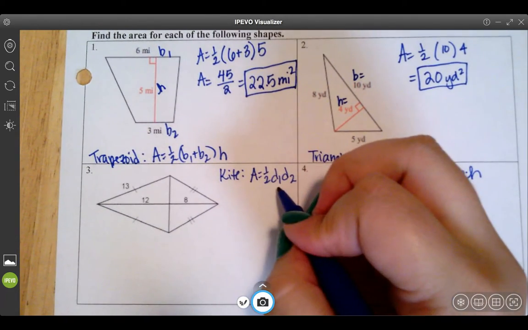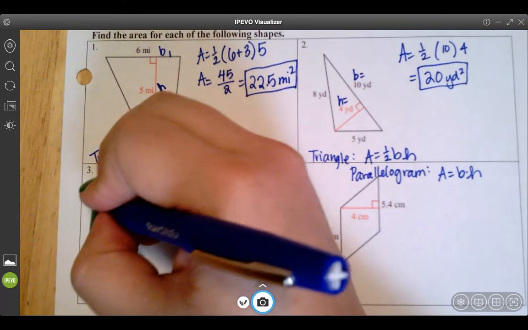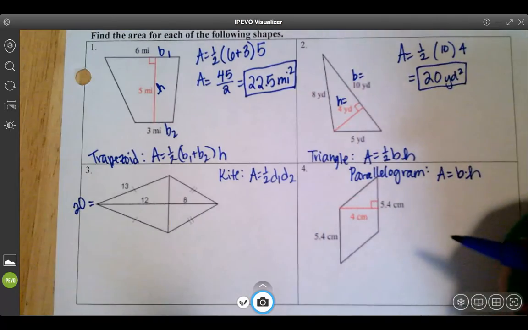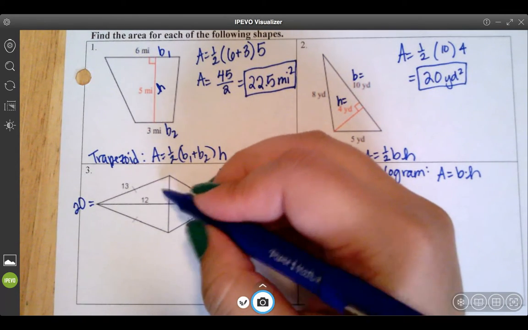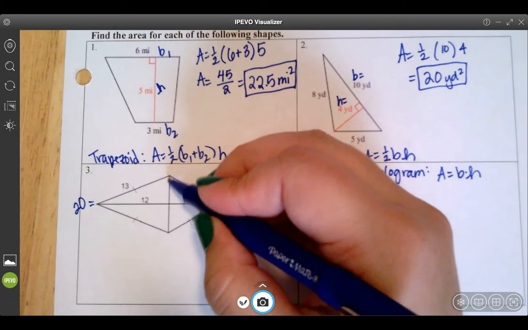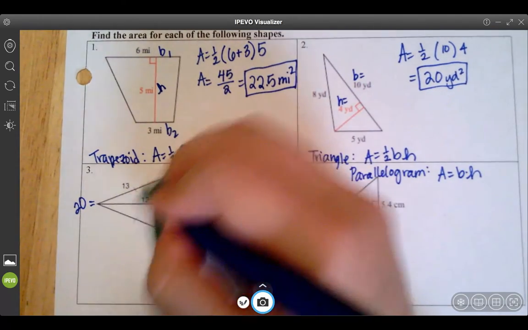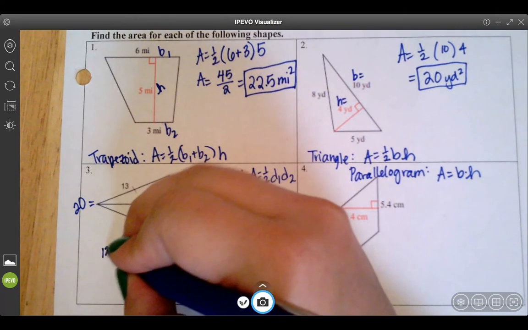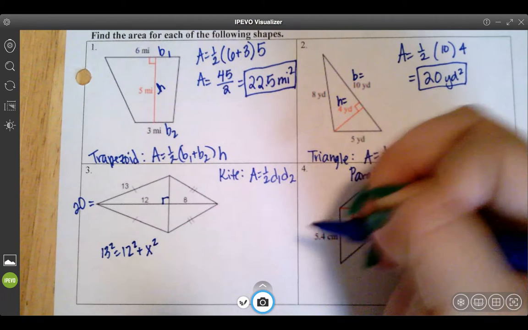Here we need our diagonals. Well, here I have 12 and 8, giving me 20 for that diagonal. But for the other diagonal, I don't have the length. So we have to, again, use the Pythagorean theorem. Here is our hypotenuse. 13 squared equals 12 squared plus unknown squared.